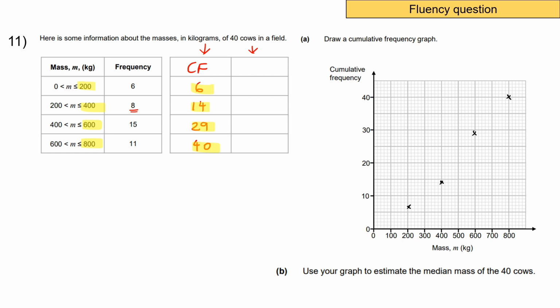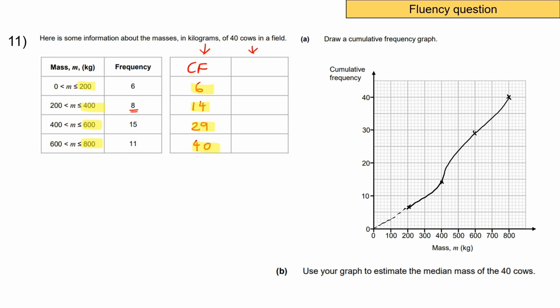So it's going to look something like this. And then you can just go back to where you started from, which is 0. I usually do a dotted line there.